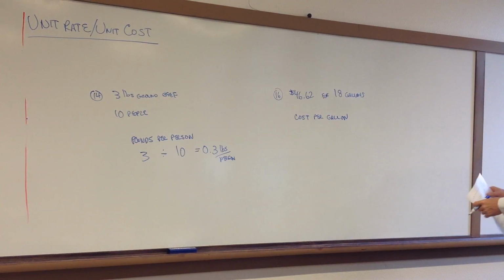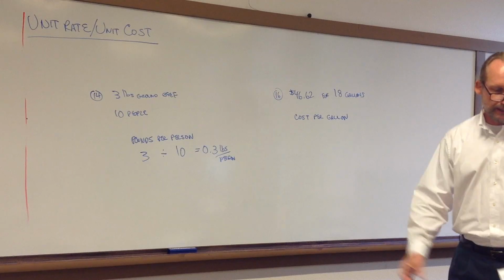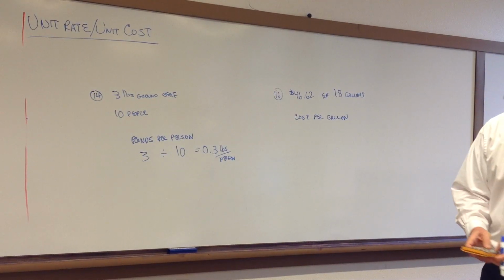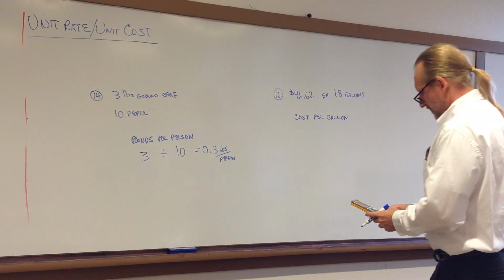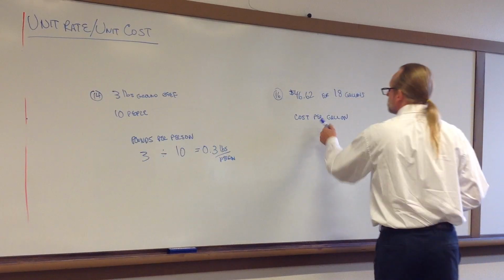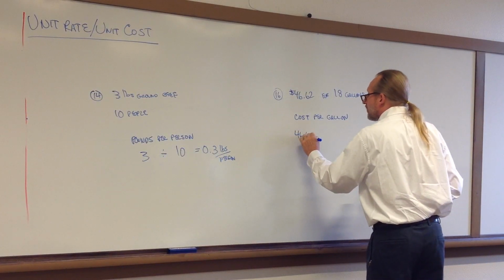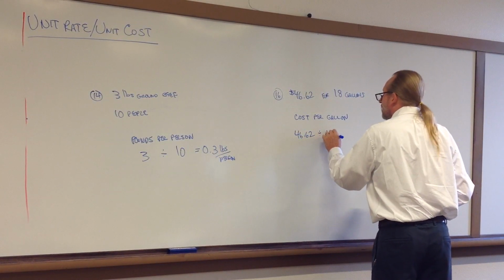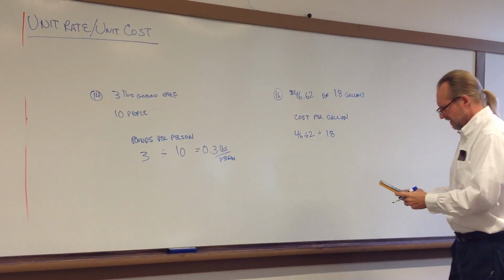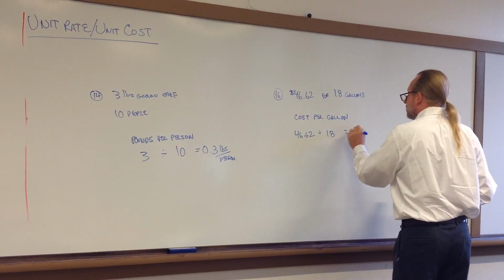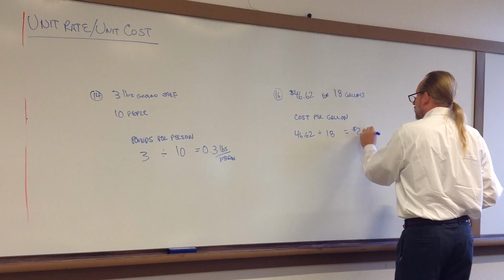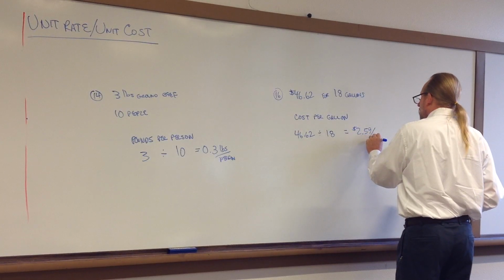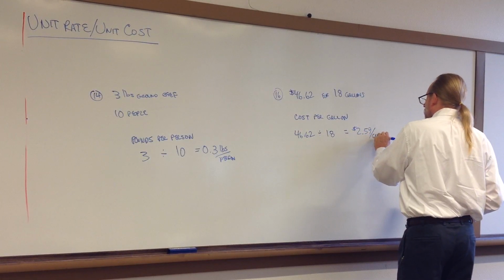All right. If we do 46.62 divided by 18, right? Because this tells us we want to take the cost and divide it by the gallons, and that tells us that this will be $2.59 per gallon.